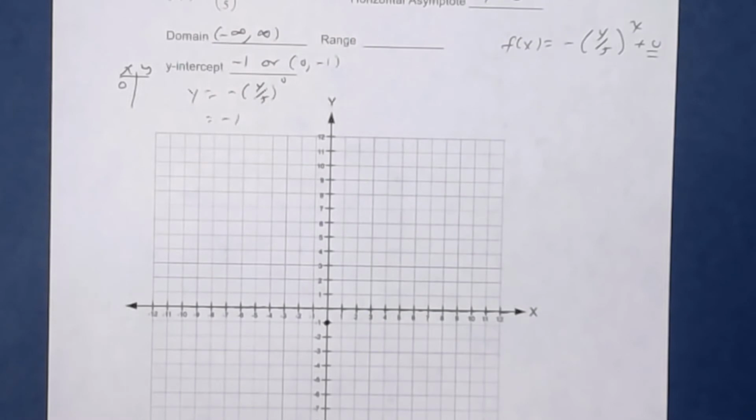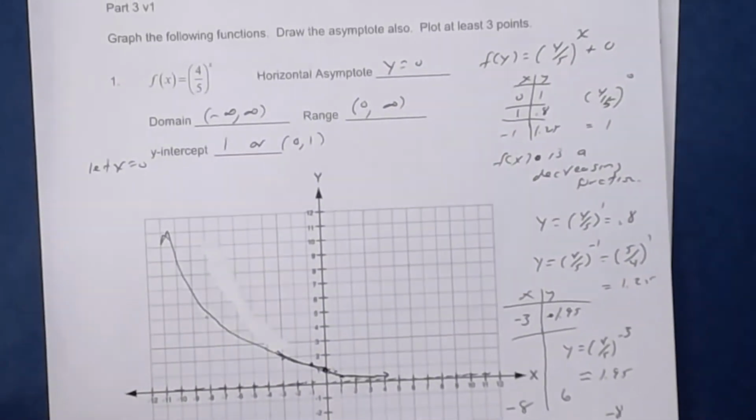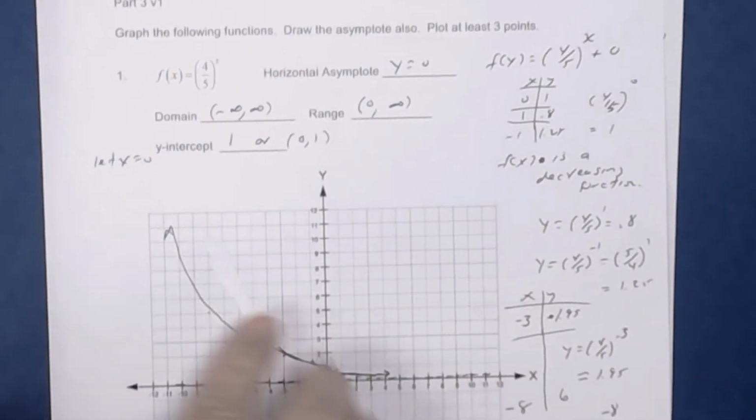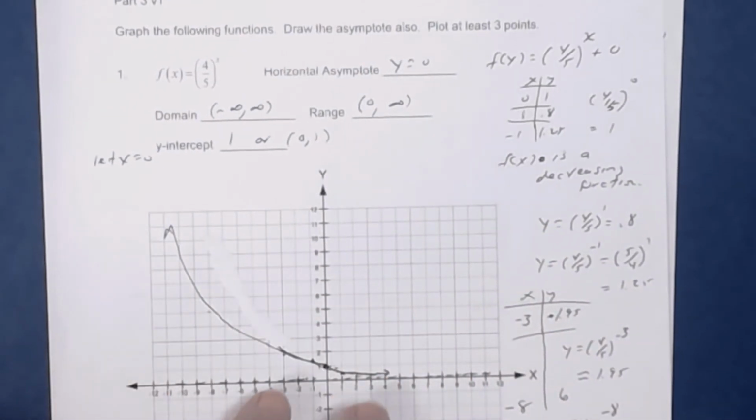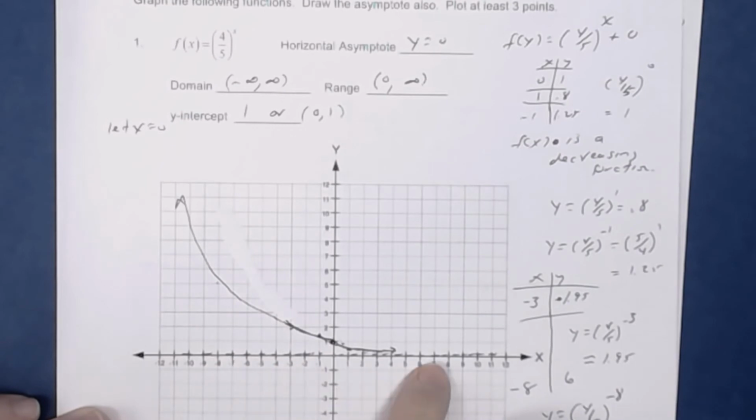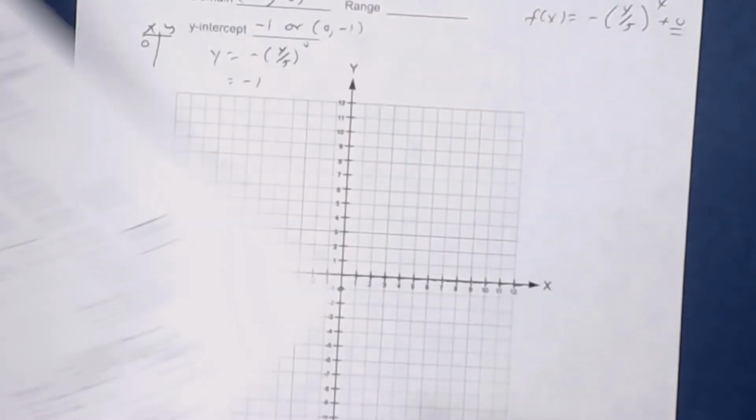Just like we did earlier with the previous one, remember I said that we can find the range without even knowing what the graph looks like. Just the fact that there's a horizontal asymptote and the graph is above it, I go from 0 to infinity. I can do the same thing here.